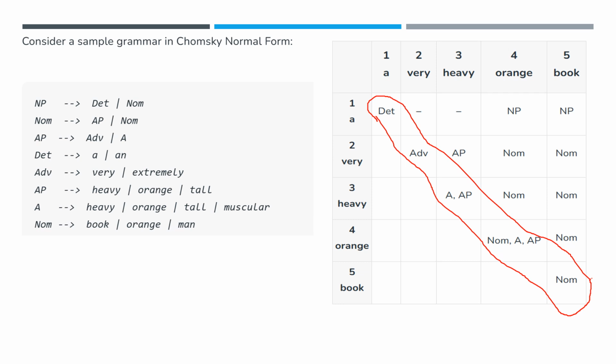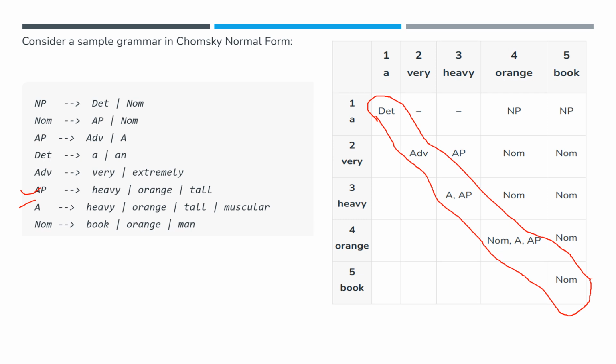For very, you see very is present in adverb only. So I'll be writing adverb here. Then we have heavy. Heavy is present in AP and A both. So we'll be writing AP and A both here.